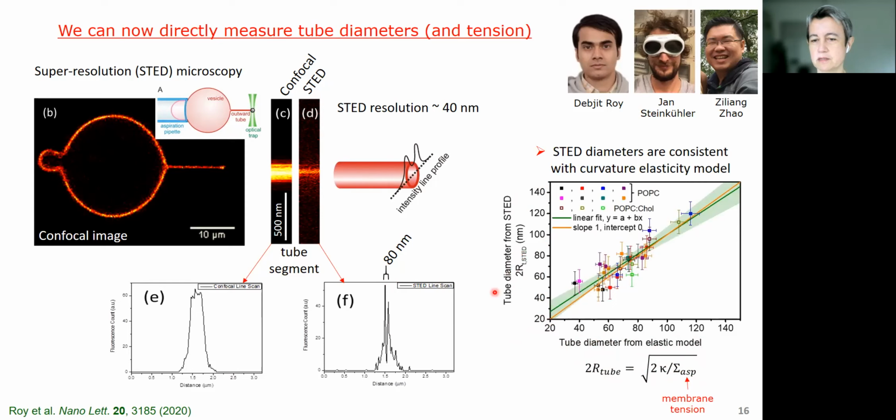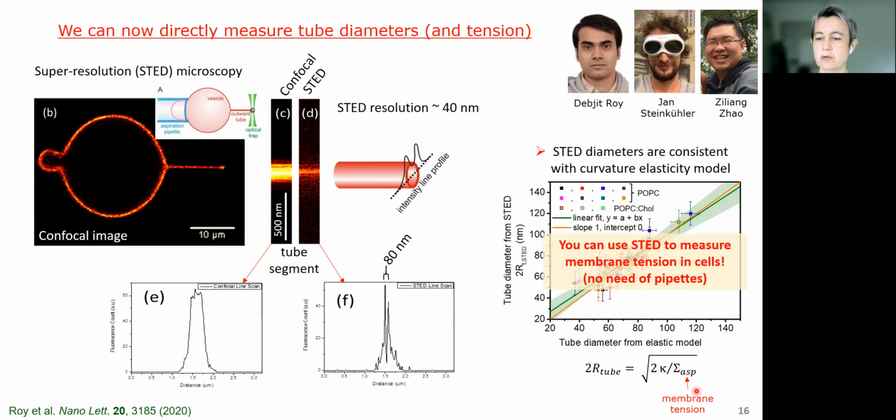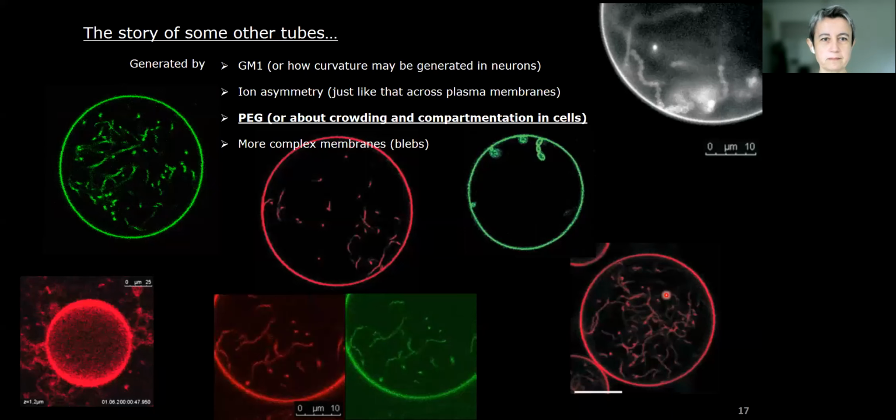So this confirms the curvature elasticity model. And it also tells us that if you are able to pull tubes or even just measure tubes in cells, by measuring their diameter, and knowing approximately the bending rigidity of these membranes, you can in this way assess the membrane tension.